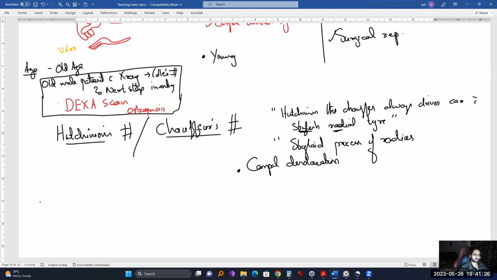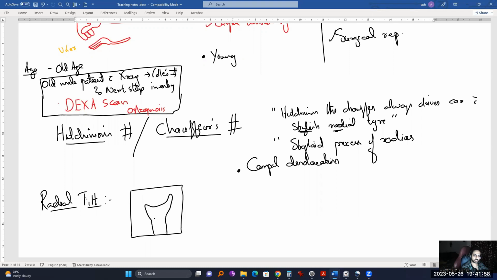And one note related to radial tilt. What is radial tilt? A radial tilt is nothing but when you see an X-ray on the lateral view, the radius will be having a small tilt.